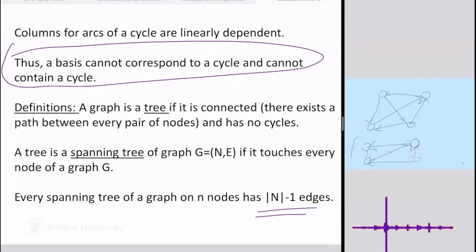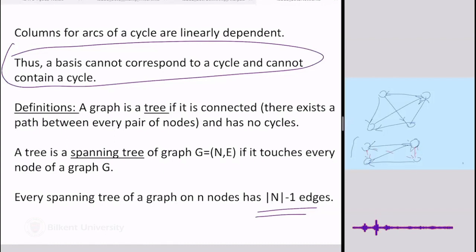Okay? So we have learned a couple of things up until now. First of all, we have learned that the cycles in the node-arc incidence matrix A are linearly dependent on each other. They're not linearly independent. So my basis in the algorithm cannot contain a cycle.